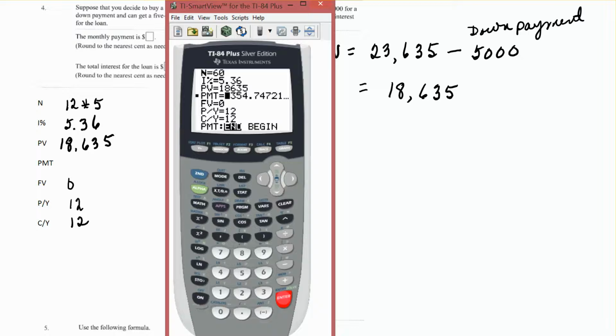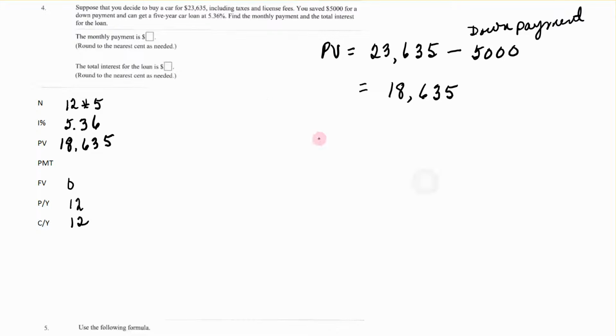It looks like your payment will be $354.75. So, payment is $354.75. How do we figure out the interest?